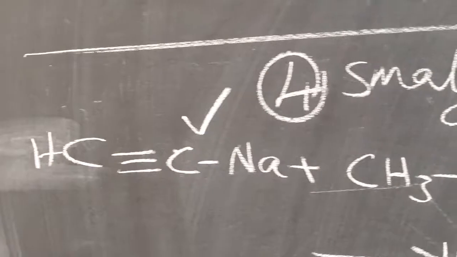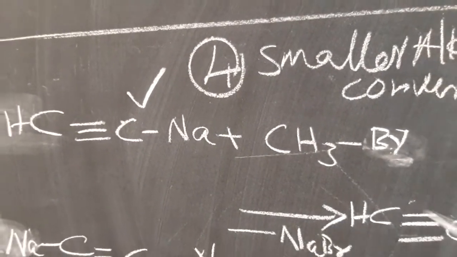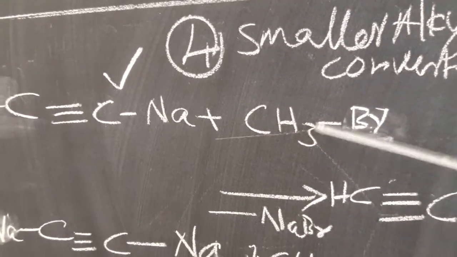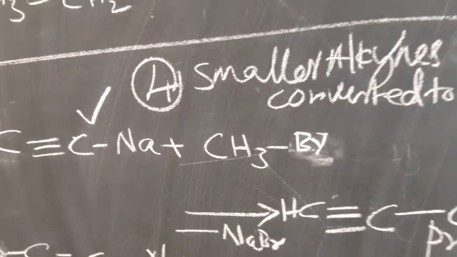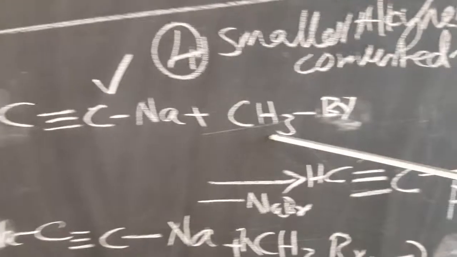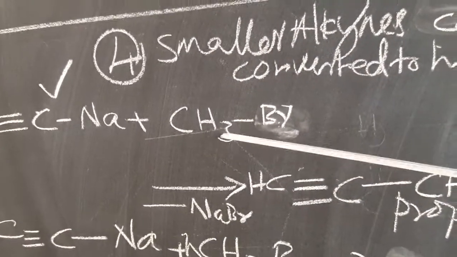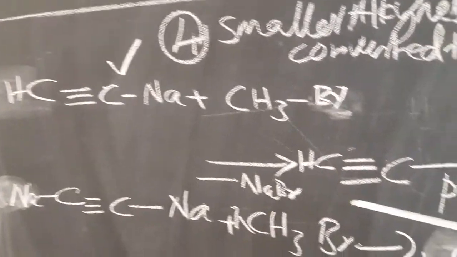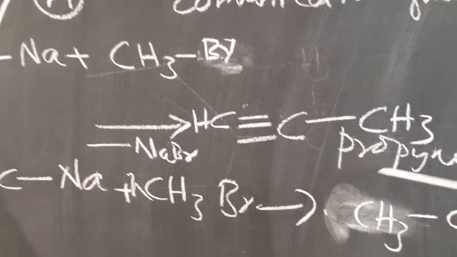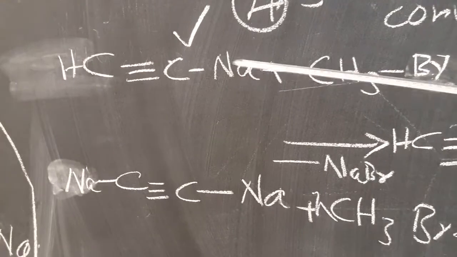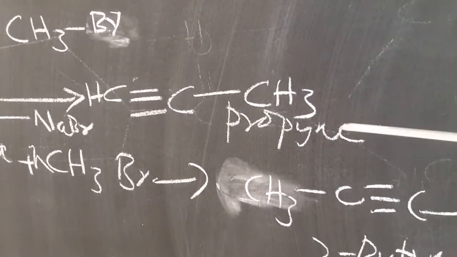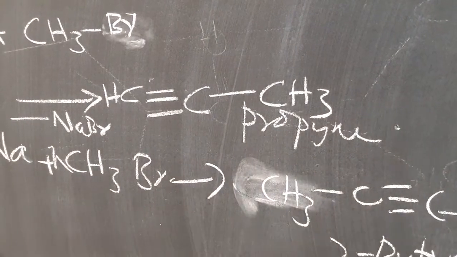This monosodium acetylide you have to react with an alkyl halide. In this case, I have taken methyl bromide; you can take any other compound. The reaction gives propyne. You can see this smaller compound is being converted into a higher compound.